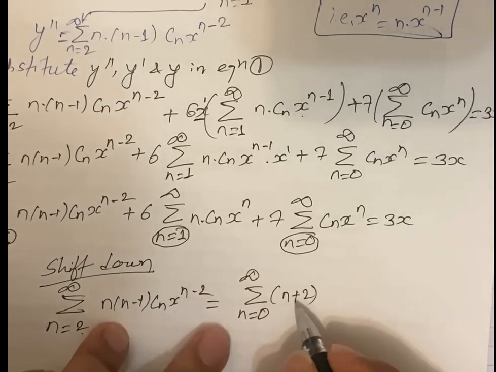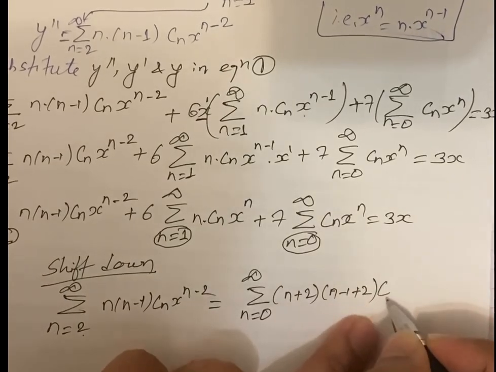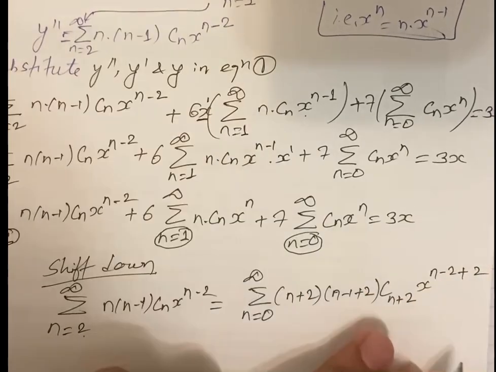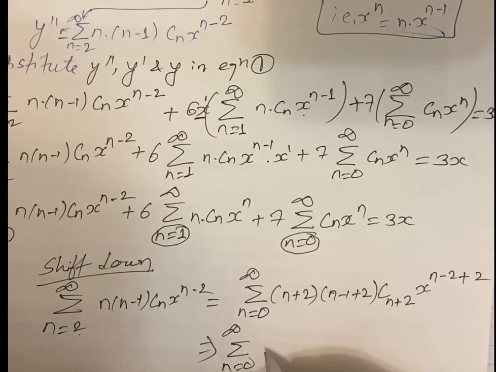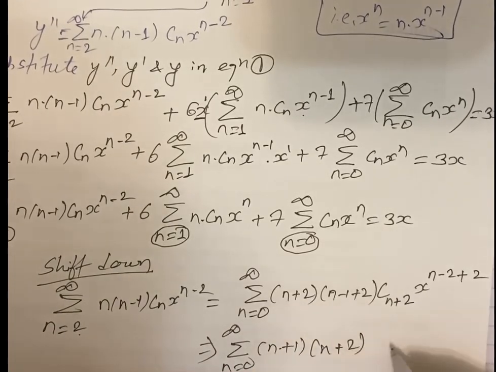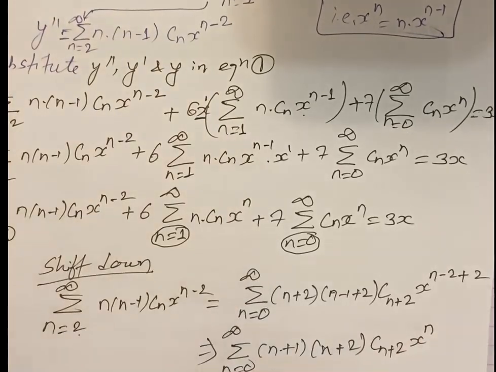Here n becomes n plus 2, n minus 1 becomes n minus 1 plus 2, cn becomes cn plus 2, and x^(n minus 2) becomes x^(n minus 2 plus 2), which gives the sum from n equal to 0 to infinity of (n plus 1)(n plus 2) cn plus 2 x^n.